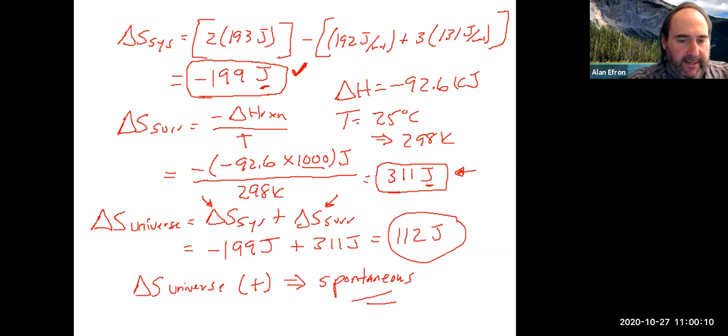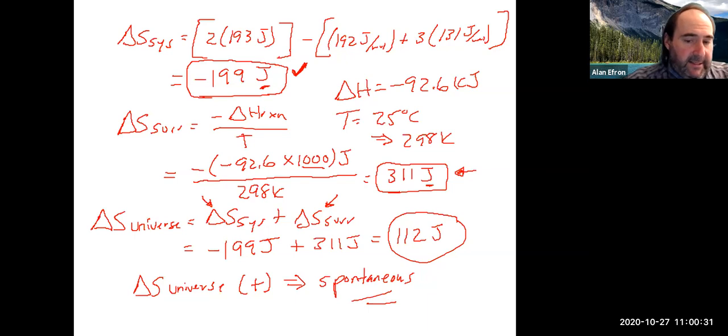Just to recap here, our delta S of the system does not tell us if it's spontaneous or not. It does tell us if order or disorder is happening, and we can see from our negative number that we're creating a more ordered situation. Our delta S of the surroundings also does not tell us whether or not a reaction is spontaneous.